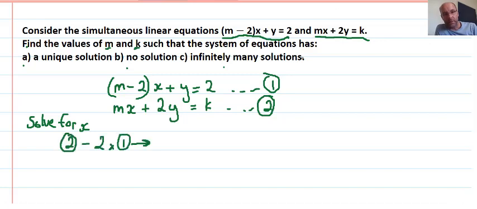So let's go to equation 2 minus 2 lots of equation 1 and see what that provides. You can see that that would eliminate the y's, and as far as the x's go, we would have mx take away 2 outside of m minus 2x, that would equal k minus 4.